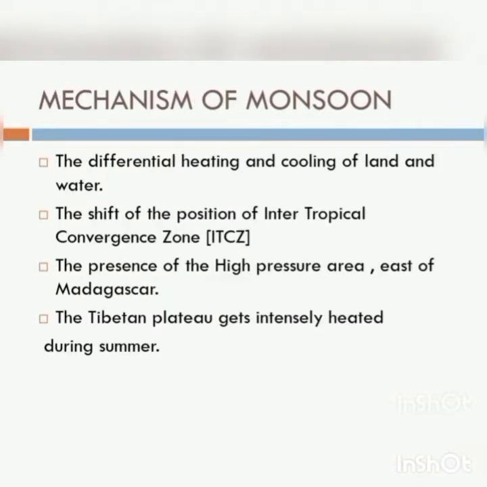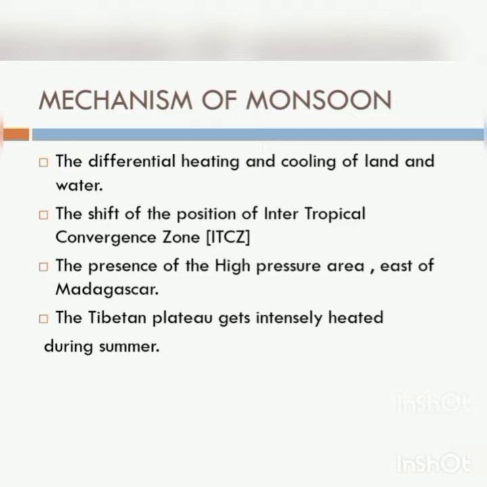Mechanism of monsoon. The following facts are important to understand the mechanism of monsoon. First, the differential heating and cooling of land and water creates low pressure on the landmass of India, while the sea around it experiences comparatively high pressure.